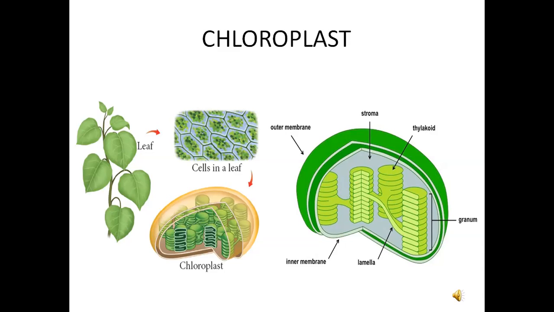Chlorophyll can absorb radiant energy from the sun and convert it into chemical energy which can be used by the plants and animals. So animal cells lack chloroplast and are unable to do photosynthesis. So chloroplast is only present in plant cells. So chloroplasts are food producers.